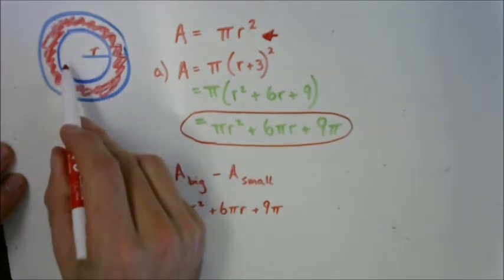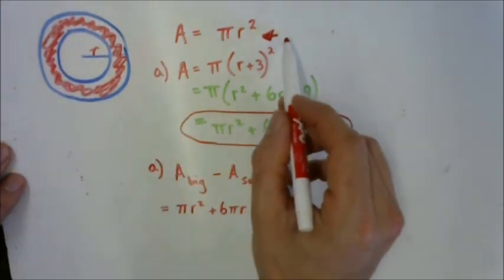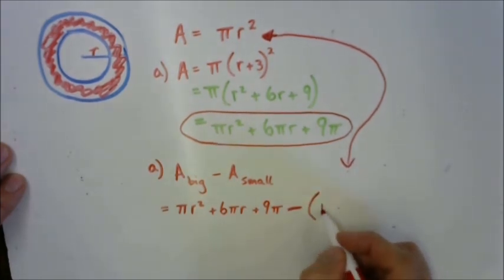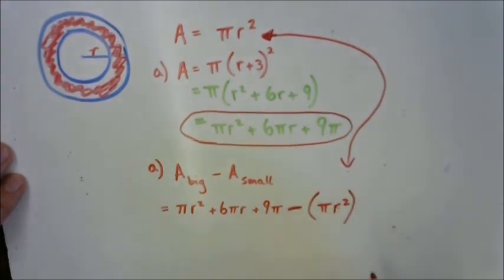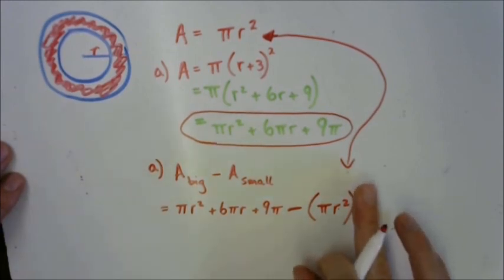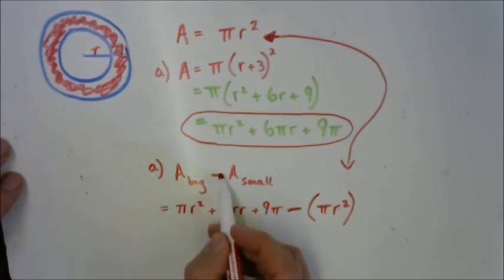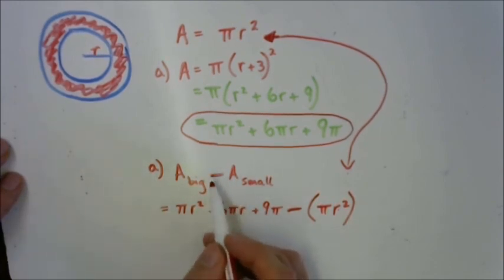Radius is r, so area is pi r squared. So we can bring that guy down. We're subtracting pi r squared. Because we're finding the difference between them, which we established right here.